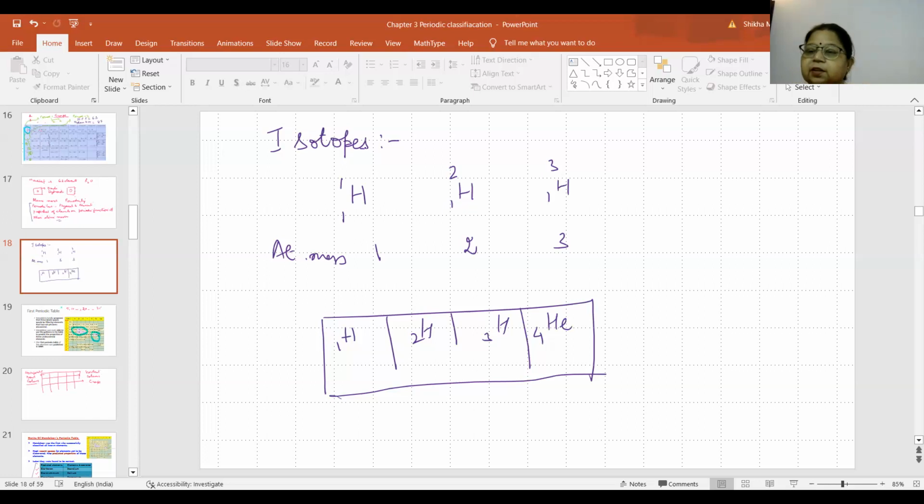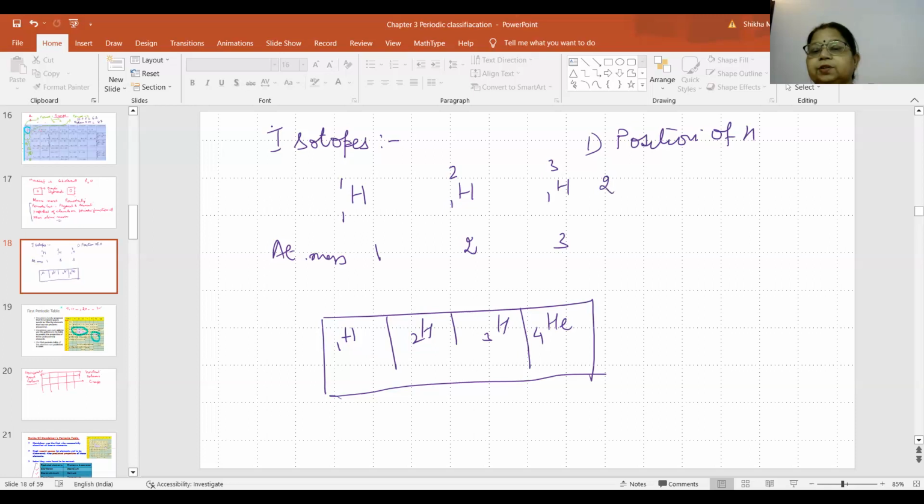Isn't it? Is it making sense, Ananya? Yes, ma'am. Ritika, you and Shweta? Yes, ma'am. So this is one of the defects of Mendeleev's periodic table, right? The number one, I told you, position of hydrogen is not correct.